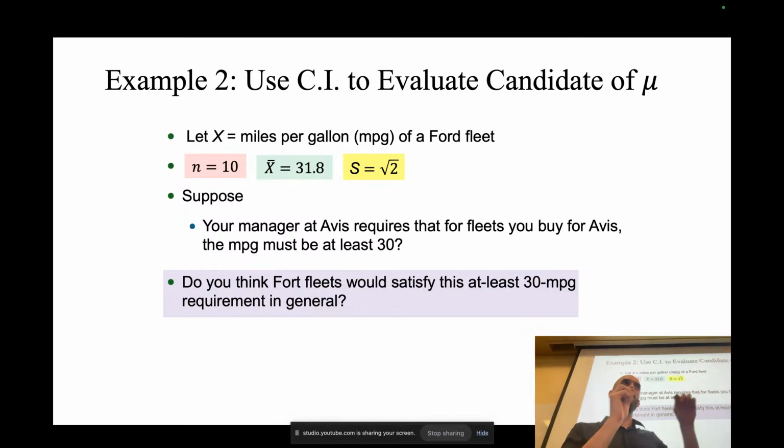We have our sample, which has some variability in it, and we want to be very certain that the miles per gallon is above 30. So we're asking this question: do you think the Ford fleets would satisfy this condition that the average is above 30 miles per gallon in general?